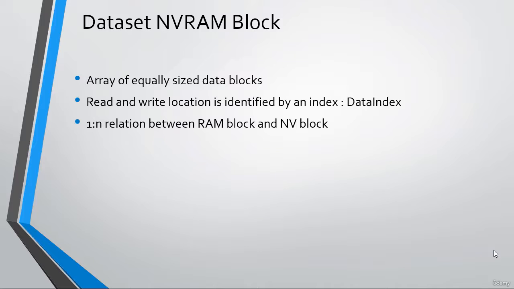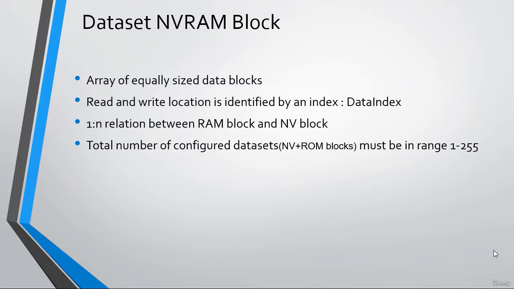Now because we have multiple blocks, we'll need multiple NV blocks here. So because of that, for each RAM block, now we'll have n NV blocks. So the memory requirement is more because we have multiple NV blocks created for each RAM block, and these can be accessed by the data index.